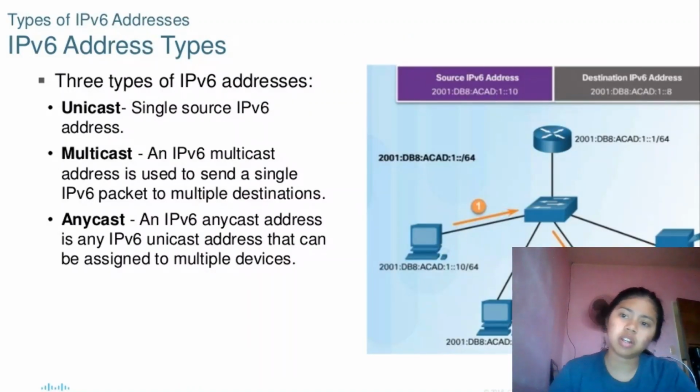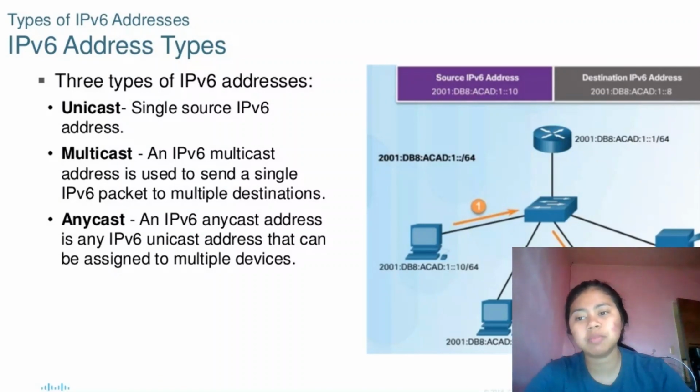IPv6 address types. The three types of IPv6 addresses are unicast, multicast, and anycast. Unicast is a single source IPv6 address, while an IPv6 multicast address is used to send a single IPv6 packet to multiple destinations.